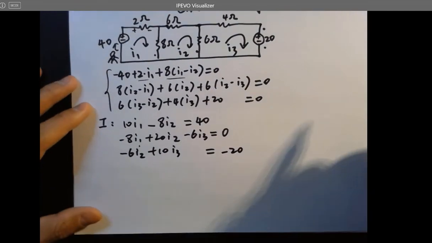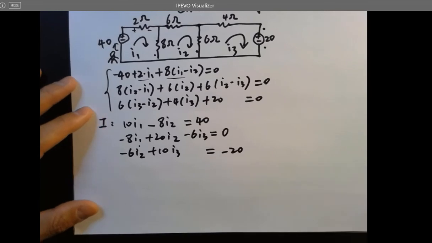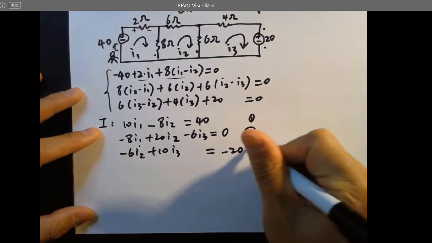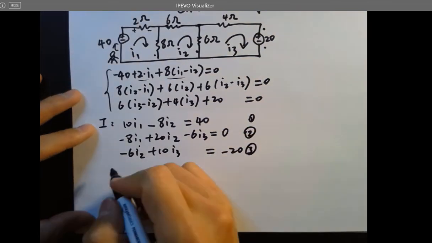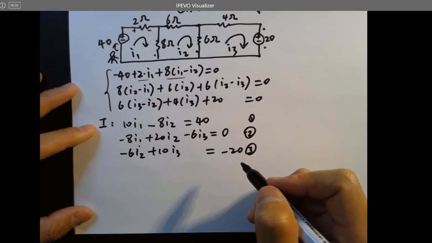If we just do a substitution, I'm pretty sure you can solve it. So what I'm going to do is directly label these equations as equation 1, equation 2, equation 3. And from 1, I can get I1 equals something.